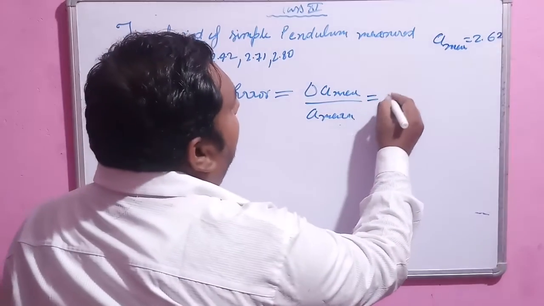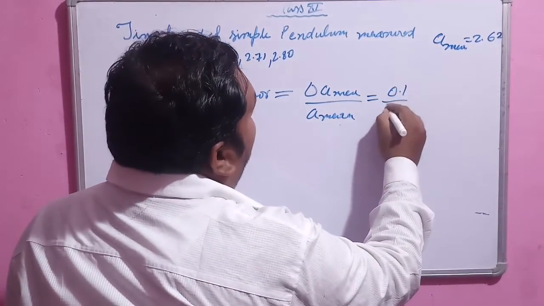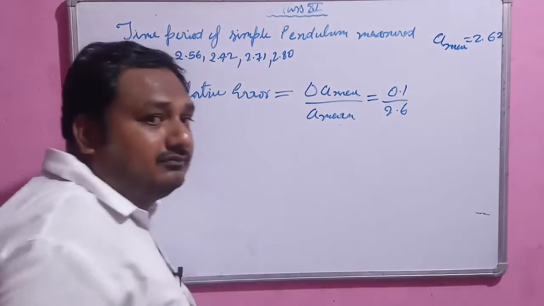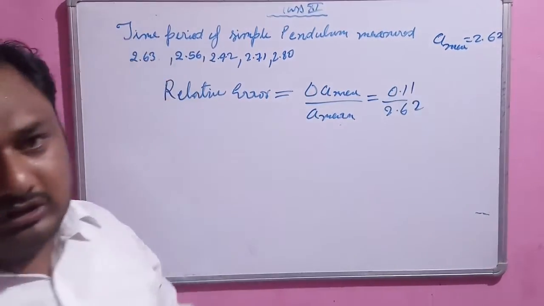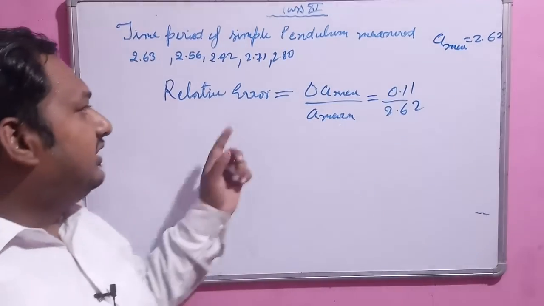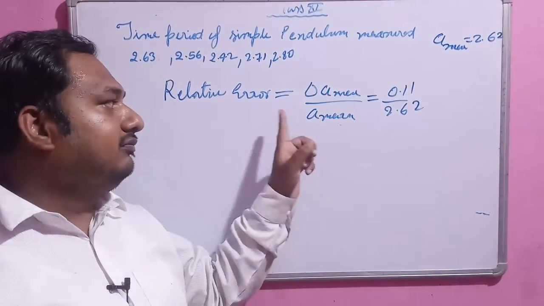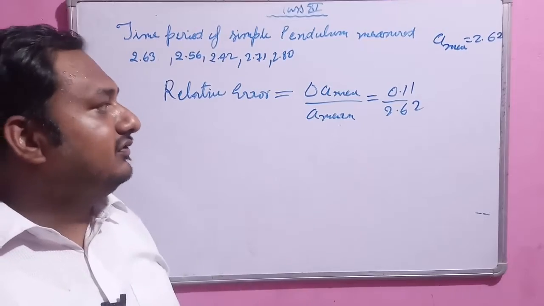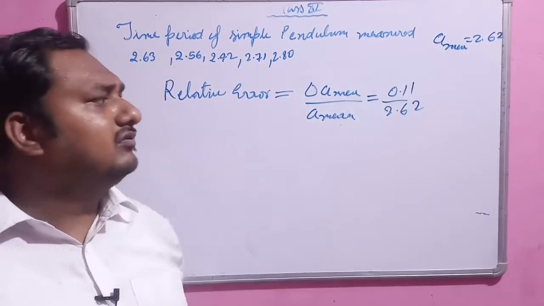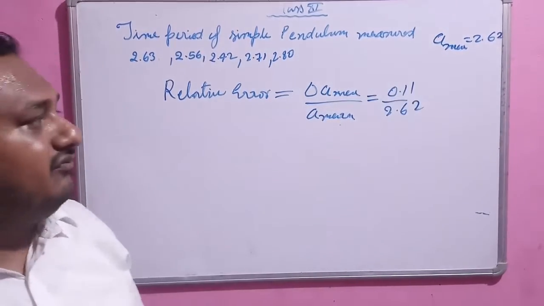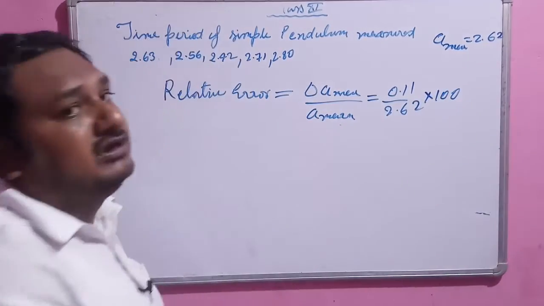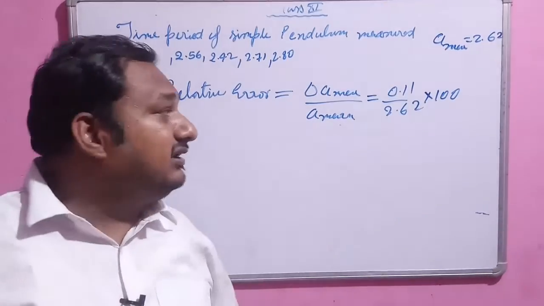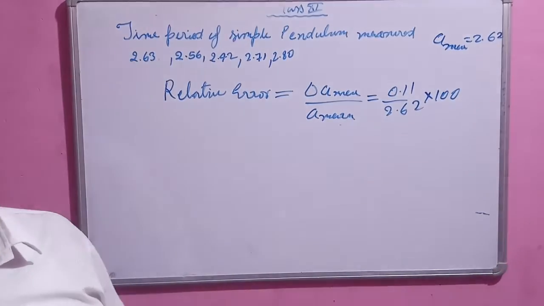It is basically 0.11 divided by 2.62, if we do not round off. So the ratio of the mean absolute error upon the mean average value, considered to be the true value, is known as the relative error. When we multiply this by 100, that relative error is known as the percentage error.